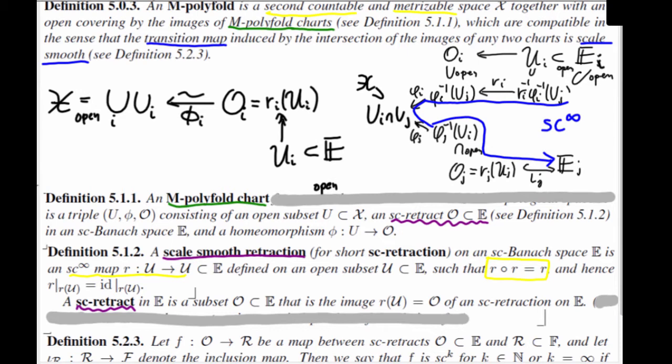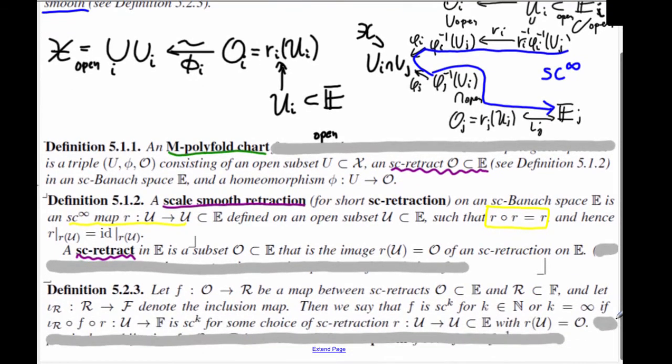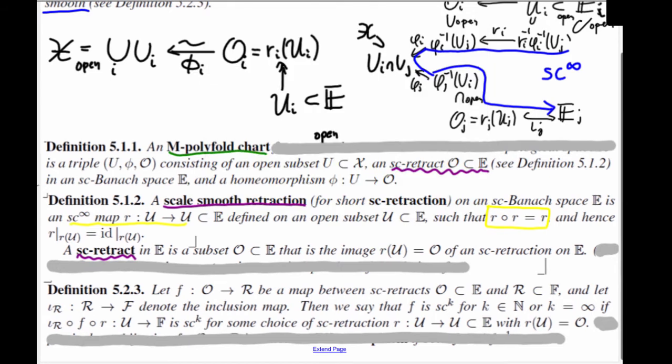Okay, so here's that definition written out of what we mean when I have this map from O to R. That's now I should think of phi j inverse, no, phi j inverse composed with phi i.